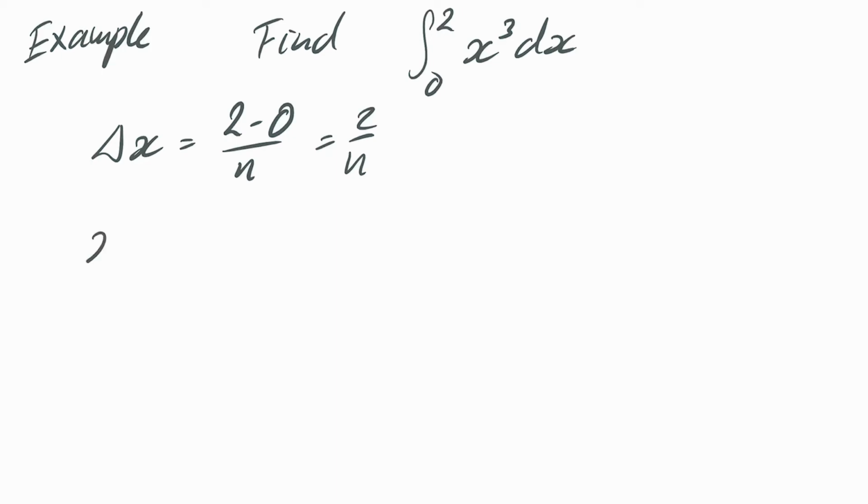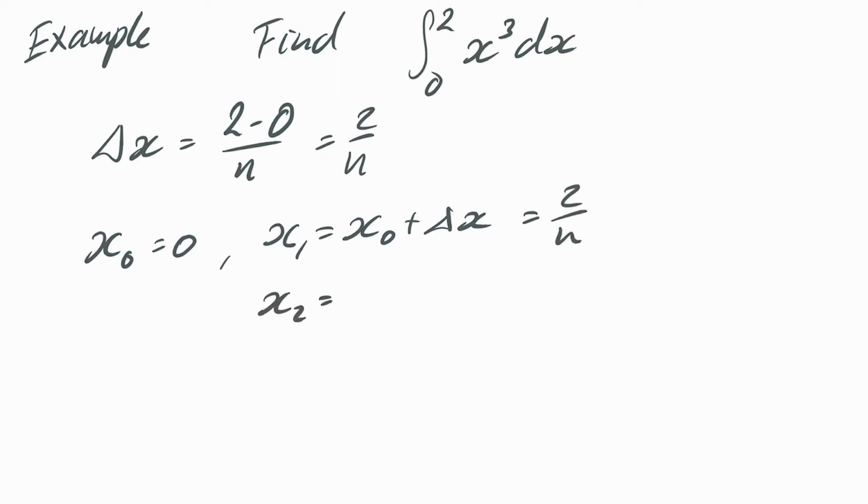So we start with x0. That starts at 0. x1 is x0 plus delta x, which is 2 over n. x2 is x1 plus delta x, so that equals 2 over n plus 2 over n, which is 4 over n, and so on.